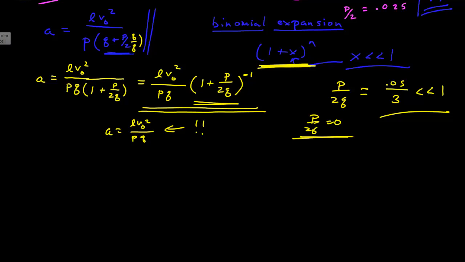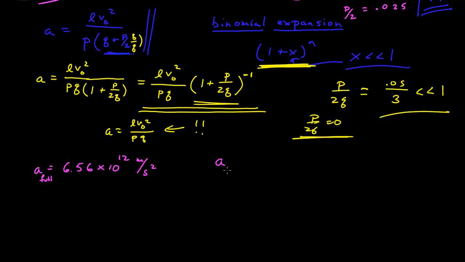If I just go ahead and solve this, plug in all the numbers, I get an acceleration equal to 6.56 times 10 to the 12 meters per second squared. This is the full expression.